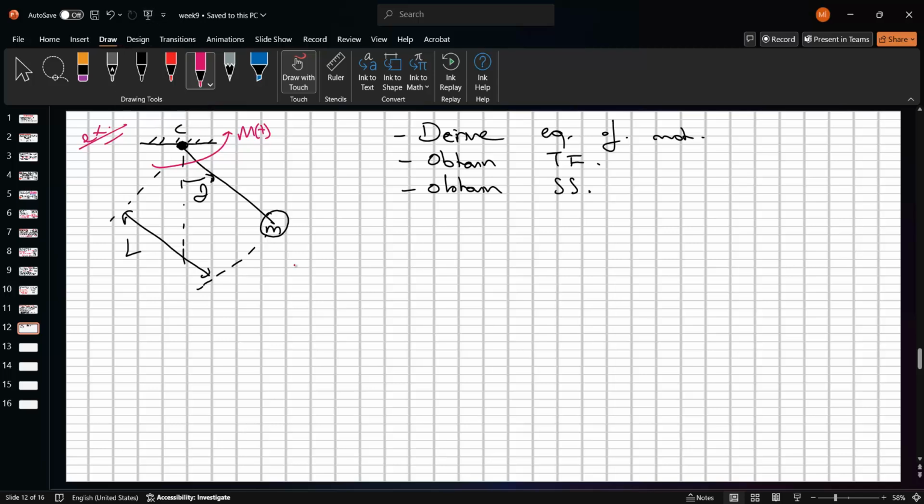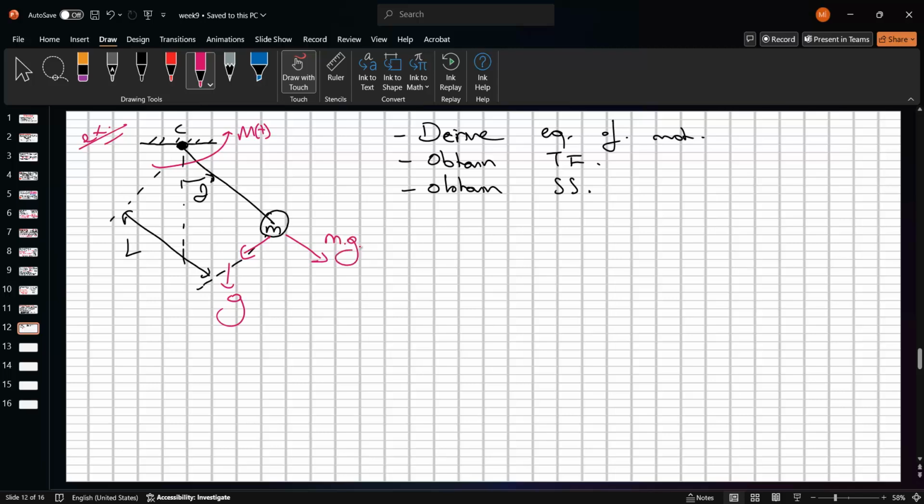First of all, if this is the system, we need to determine which forces should be applied on this system. We have the gravity G like this, and so we have the two components here, perpendicular to the rod. What are the values of these terms?